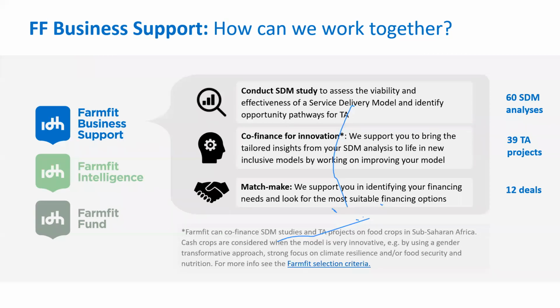Just a bit of small print here. Like I said earlier, with this donor agreement, we are only focusing on sub-Saharan Africa. And 70% of all our cases will be focusing on food crops, on staples. This is really purely about finance, so whenever we as FarmFit co-finance something on cash crops, this needs to be a very innovative model.